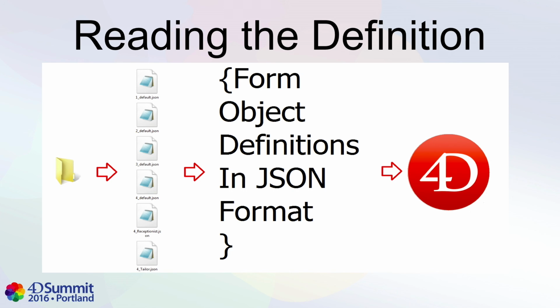Without any definitions, you would just have a blank page. Then there's also the receptionist and the tailor, which I showed you earlier. And then there are also tables 1 to 3. Those get loaded into the form object, and then 4D can load them and display the forms.